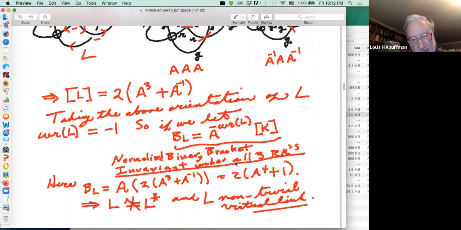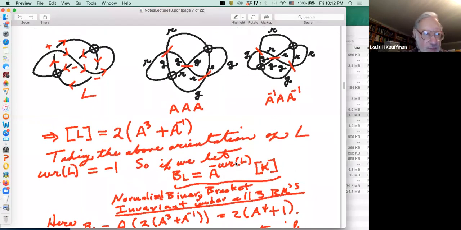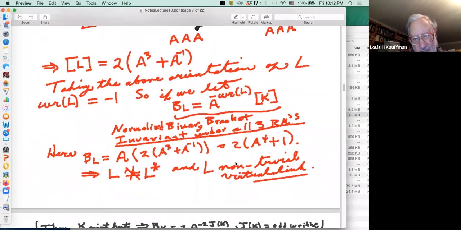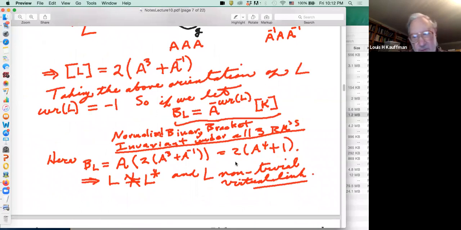It tells us that this virtual link is inequivalent to its mirror image, because just as with the usual bracket, if you flip all the crossings, you'll change all the signs of the A's. The A's will become A inverses. And it's non-trivial. It's a virtual link.